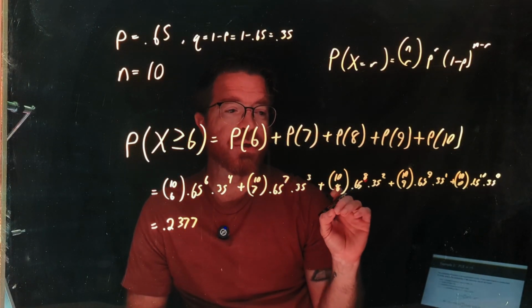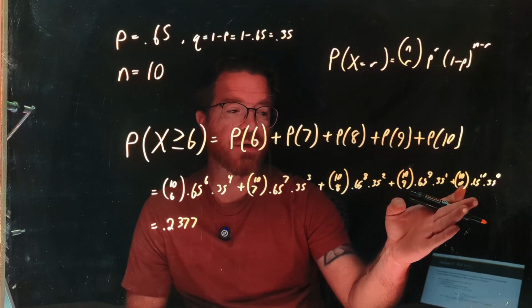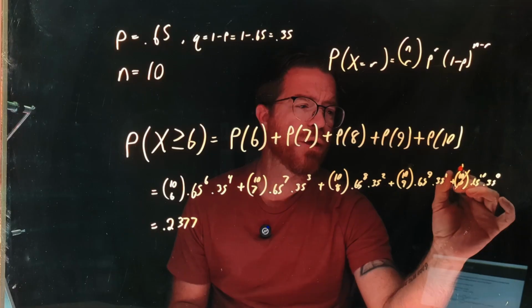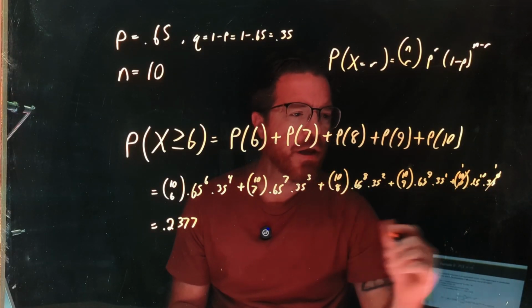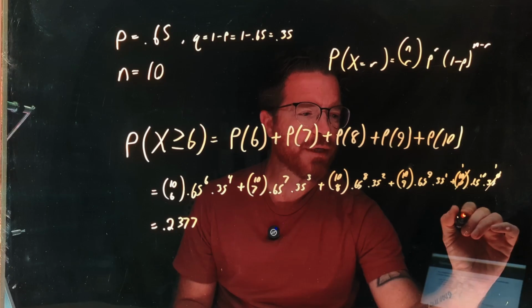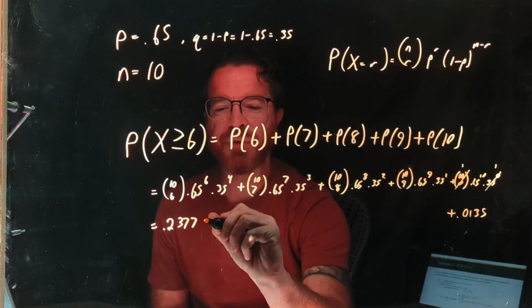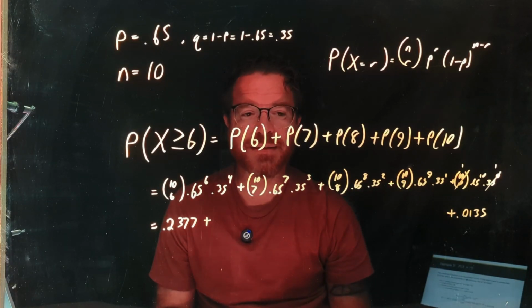We also looked at the probability of getting all successes, which is this one, which was really easy because this term is going to go to 1, this term is going to go to 1, and you would just get 0.65 to the 10th power, which is equal to 0.0135. So really all we have to find is the probability of getting 7, 8, or 9 successes.